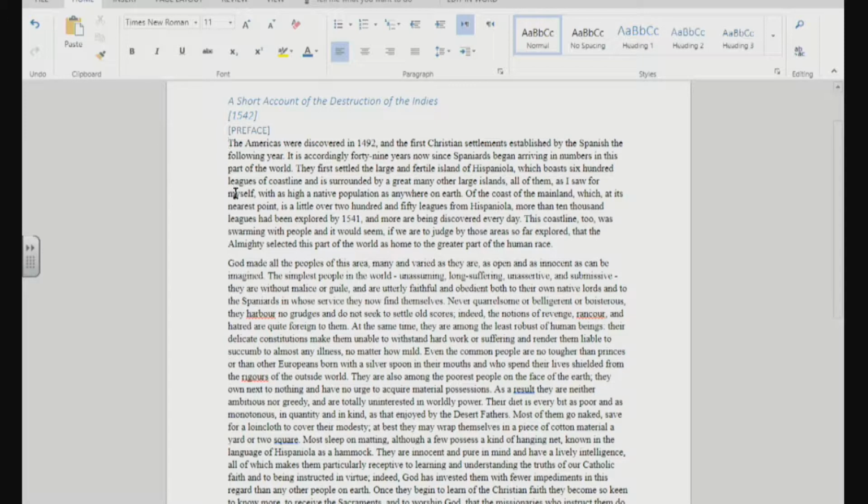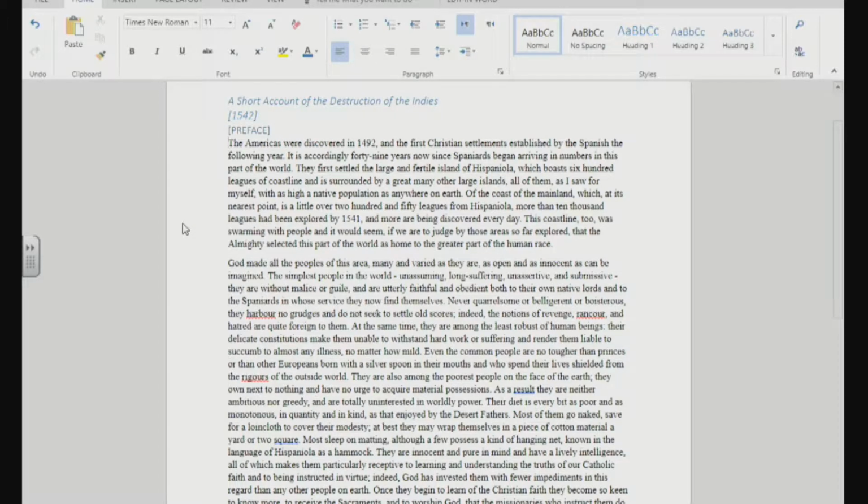Let's go on. "They first settled, they being the Spanish, they first settled the large and fertile lands of Hispaniola, which boasts 600 leagues of coastline and is surrounded by a great many other large islands, all of them, as I saw for myself, with as high a native population as anywhere on earth.